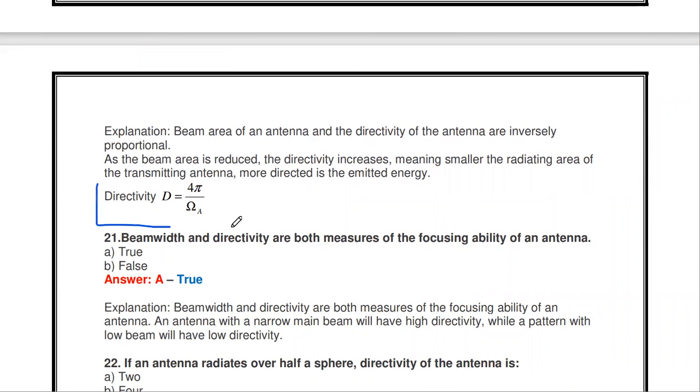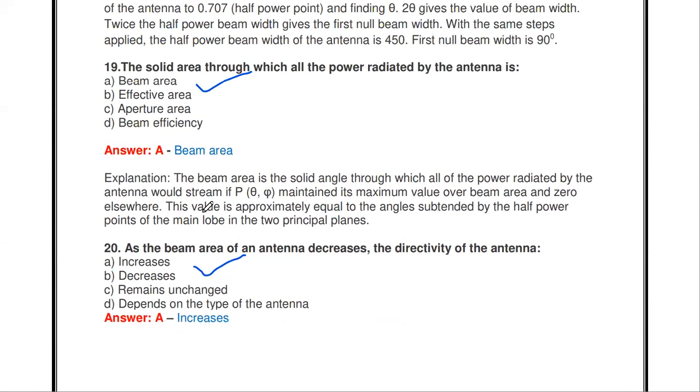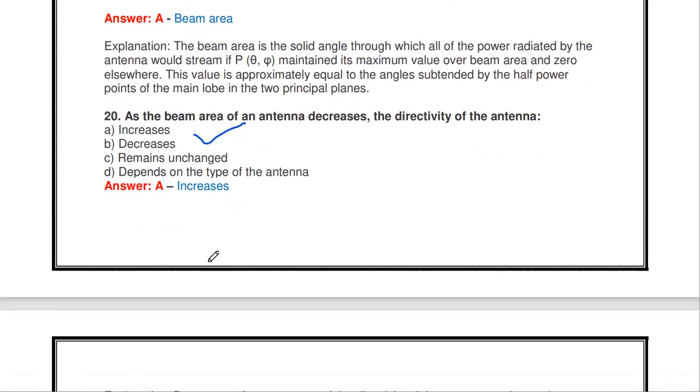The formula is that the directivity D is equal to 4 pi divided by omega A, where D is the directivity and omega A is called the beam area. So from this relation, we can say that the directivity and the beam area are inversely proportional. So that's why if the beam area decreases, the directivity of the antenna increases.